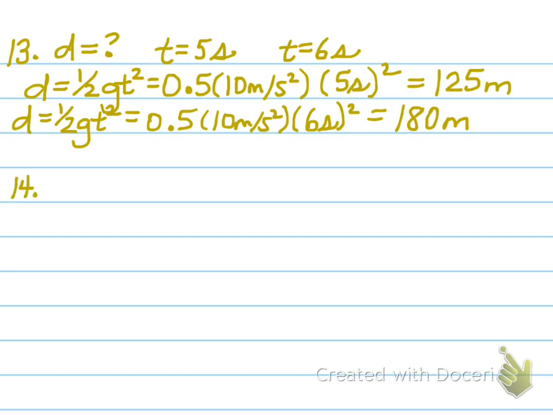How far will an object move in 1 second if its average speed is 5 meters per second? So our average speed or velocity is 5 meters per second. We want to know how far, so we want to know our distance. Okay, our time is 1 second.